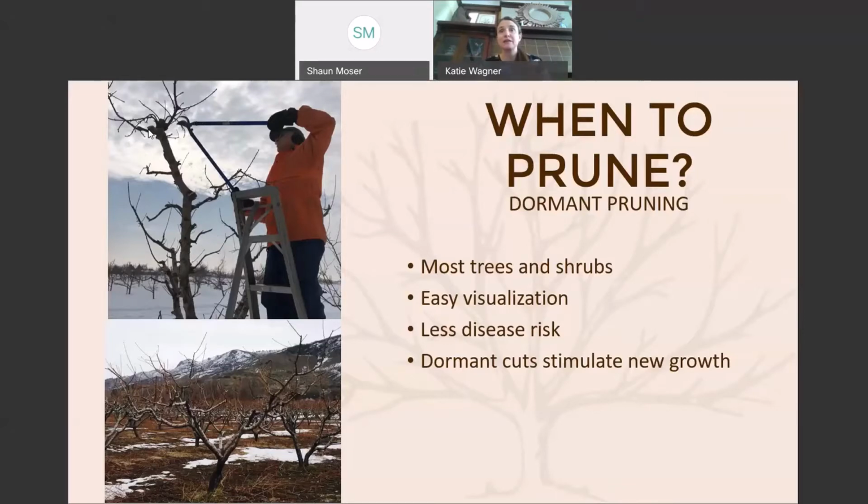It gives that plant a chance to compartmentalize or seal over that wound, that cut, so that it's less susceptible to insect and disease attack. And our dormant cuts also stimulate new growth in the trees. We'll talk about this in more detail, but that's another reason why we're pruning during the dormant period.